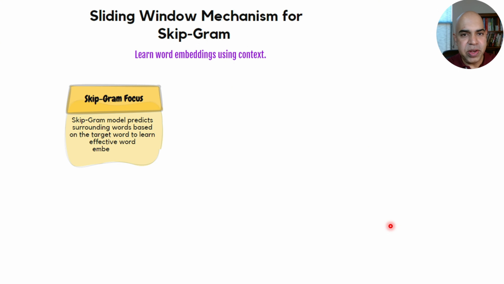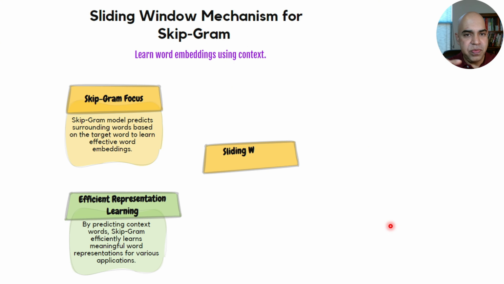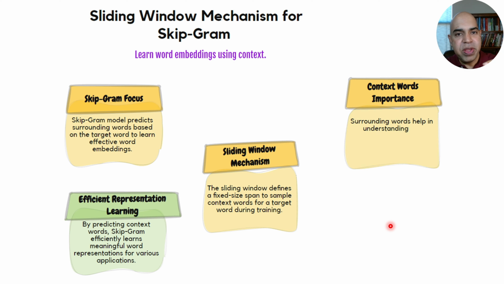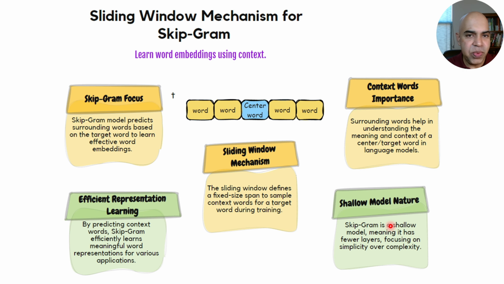That's a sliding window. So if you have a window of certain length, you keep moving it over the text. Just like when we read, we actually look at certain words. We don't look at the entire text at a time. So basically, the skipgram model helps predict surrounding words based on the target word to learn effective word embeddings.